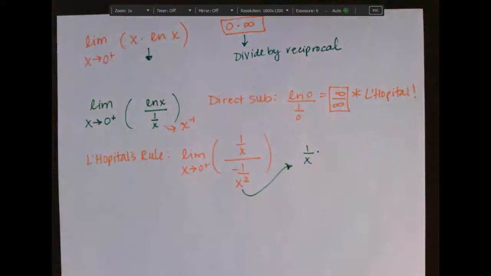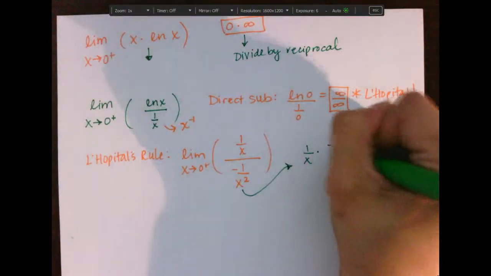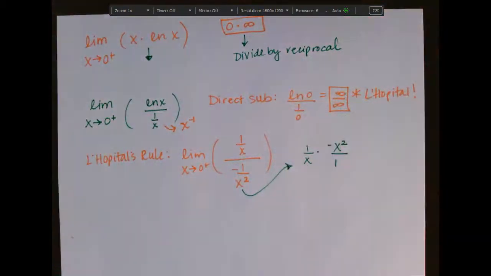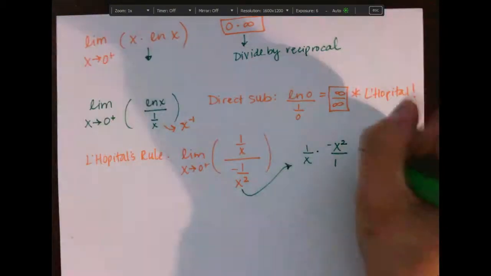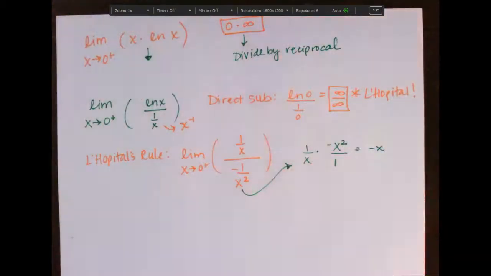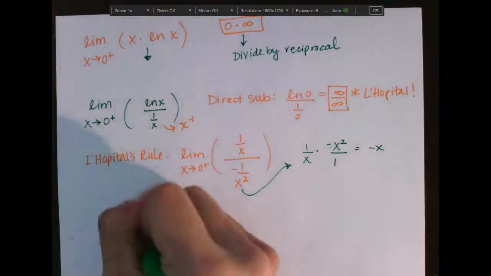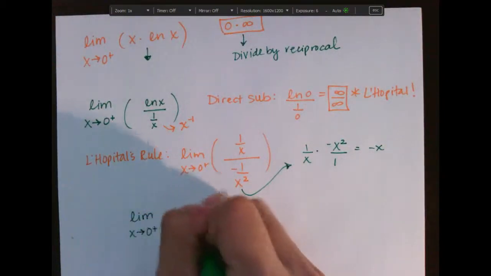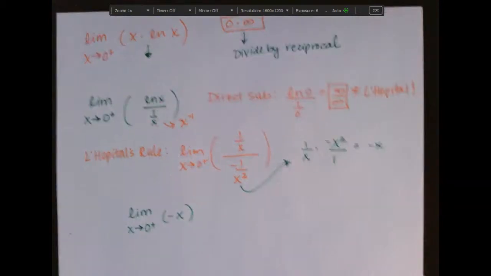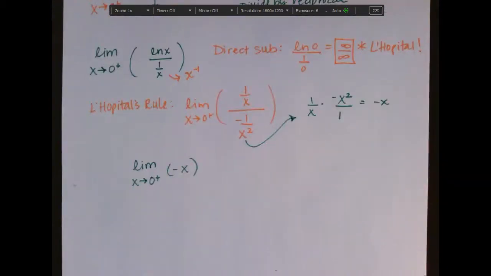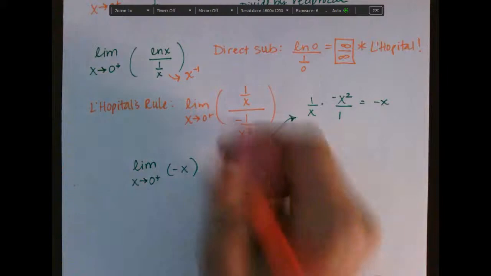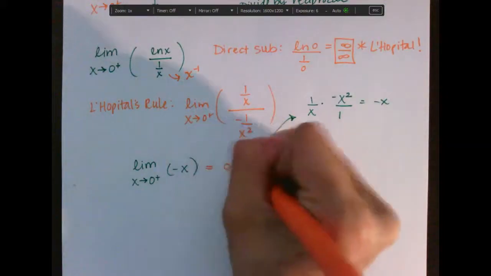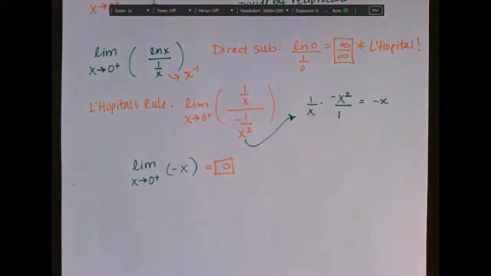I'm taking a fraction and dividing it by a fraction so I can multiply by the reciprocal. And when I do, I'll get negative x squared over x, which is negative x. So now I have the limit as x approaches 0 from the right of negative x. I think direct substitution this time is going to give us the answer we're looking for. When I directly substitute 0 into negative x, I get 0. So that's not my answer.